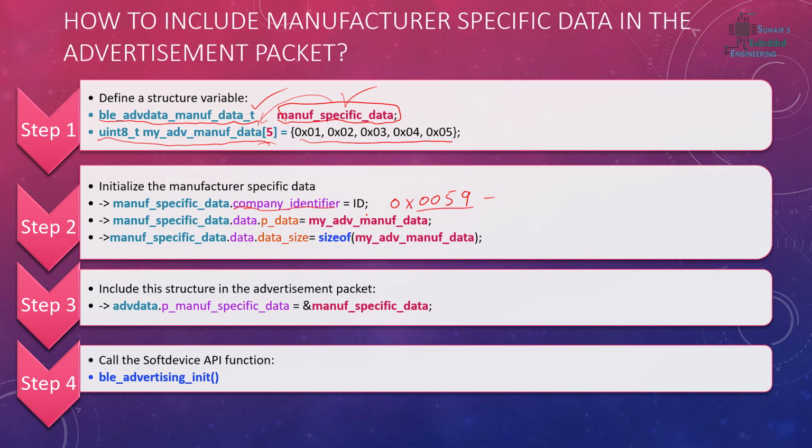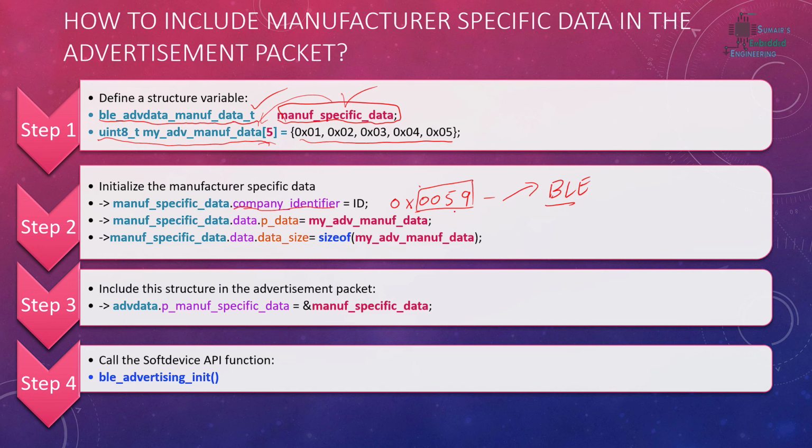If you want to get this identifier for your company, you need to check the official Bluetooth website, and you have to buy this identifier, and then you can add this custom identifier value. For the Nordic devices, it is 0059. So in our case, I will just be adding 0059 because my device is from Nordic.